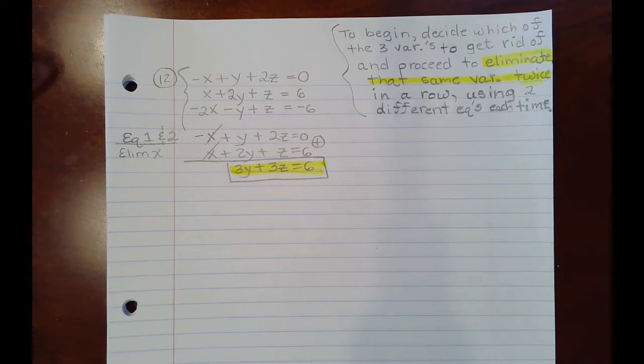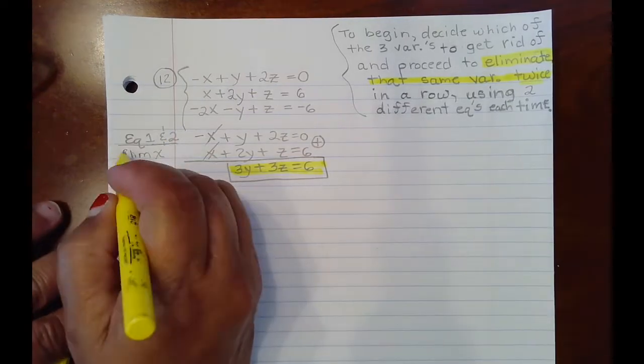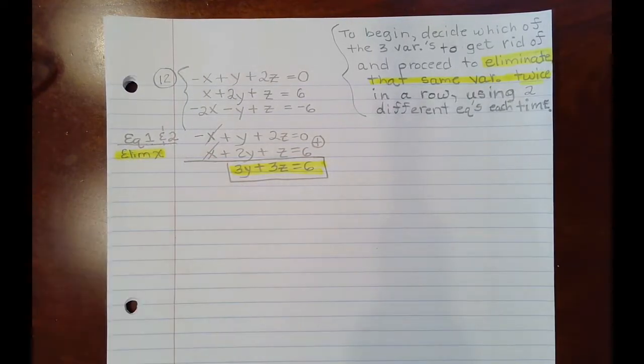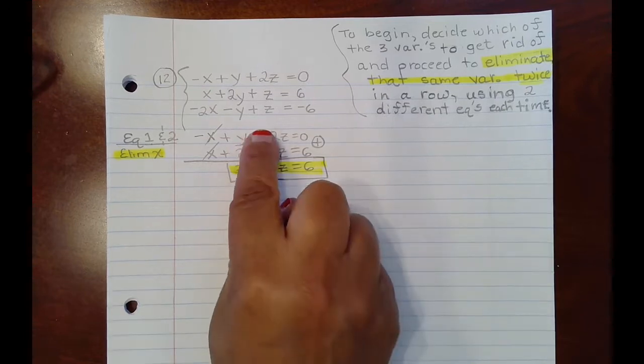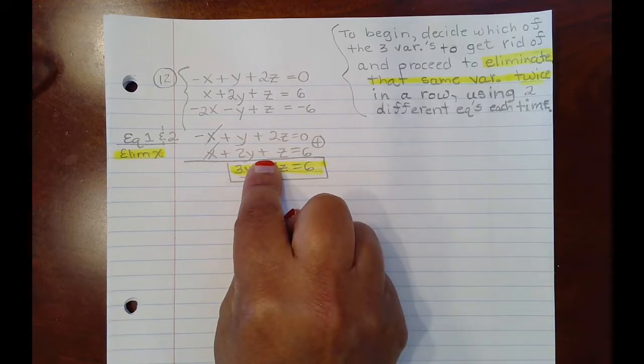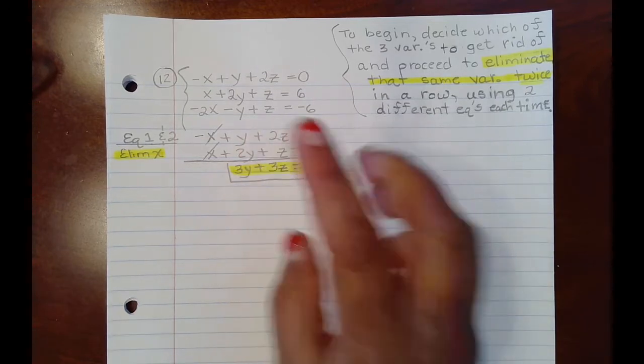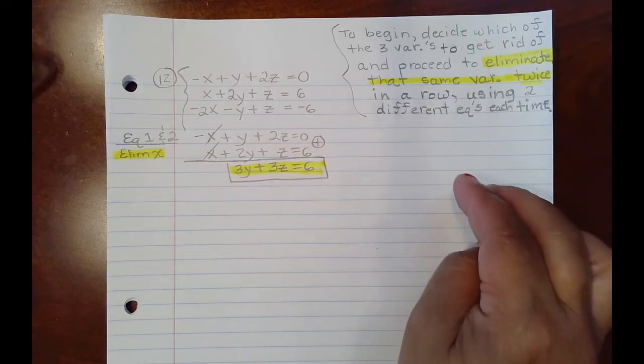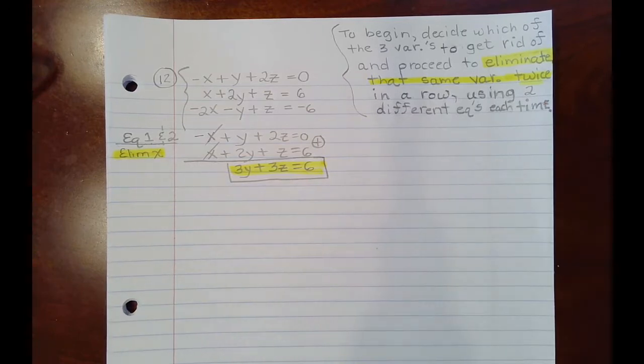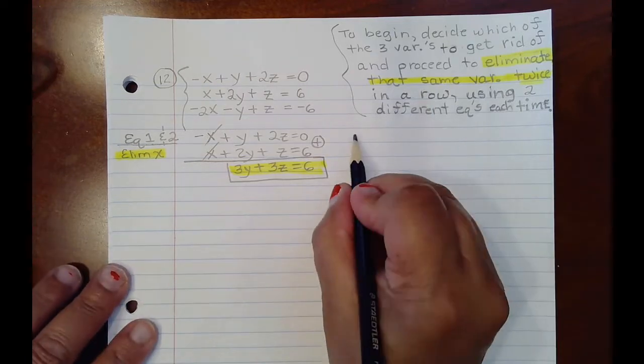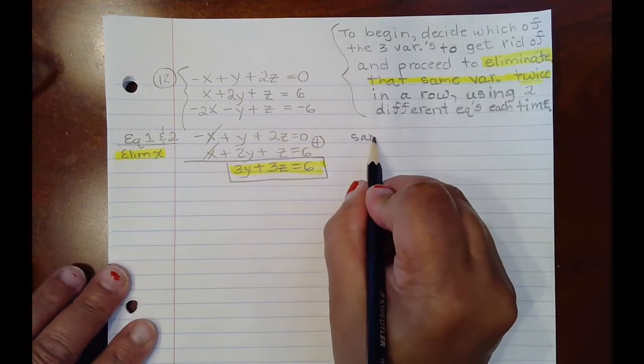That's the general game plan. Stick to this plan. Once again, you want to try and eliminate the same variable, but you want to use different equations than what you use right here. Now you can use one of these, but at least one of the equations has to be different in the 2 equations that you're going to use right now. Okay, so we're going to stick to the same plan.